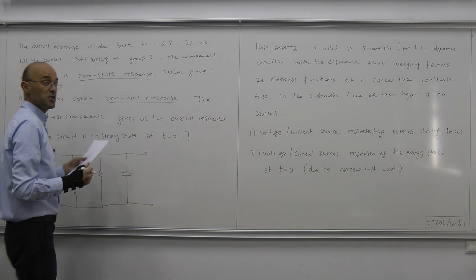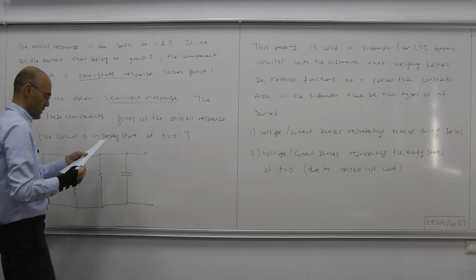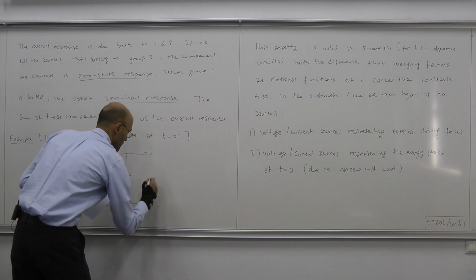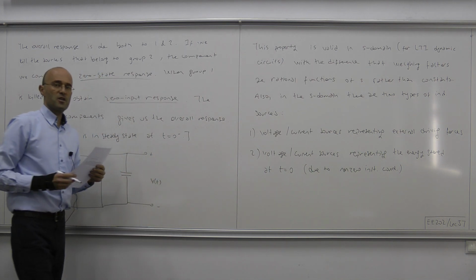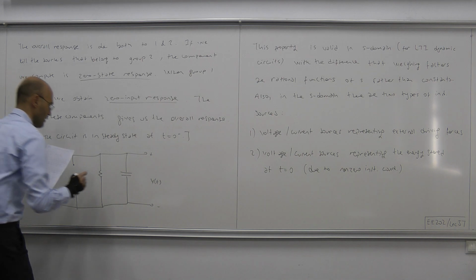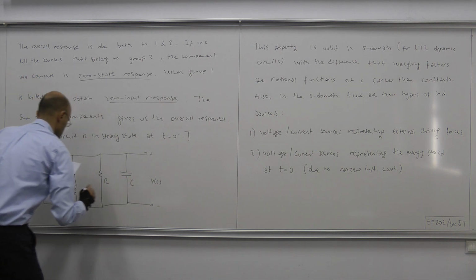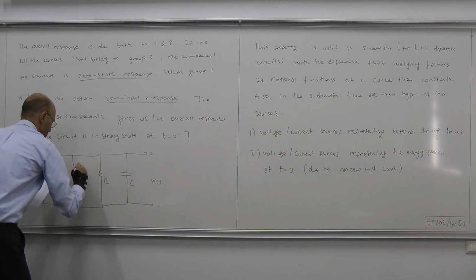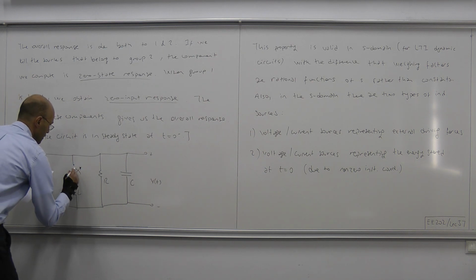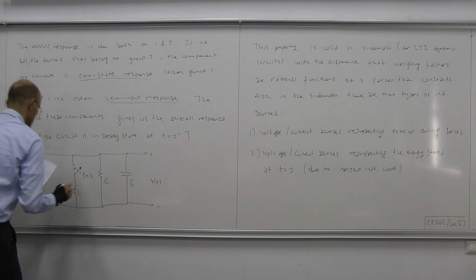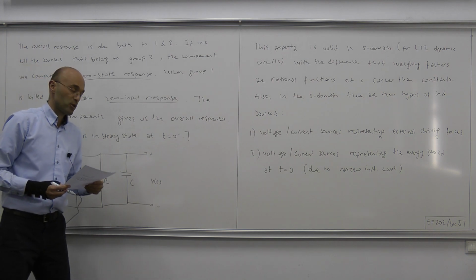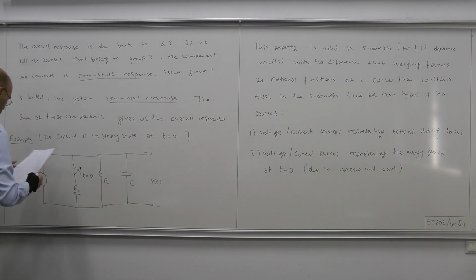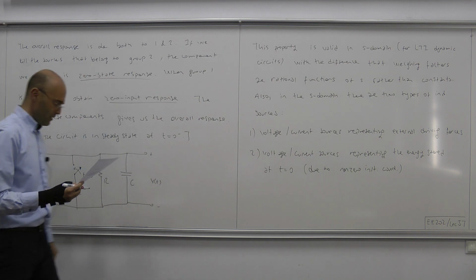Everything is parallel to one another, and we are asked to figure out this voltage V of t. R, C, L, and here we have a switch which closes at t equals 0. As for the source, the current source, Is of t equals some constant which we denote by I1.